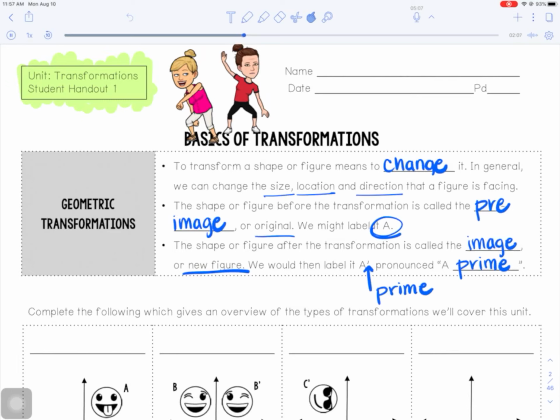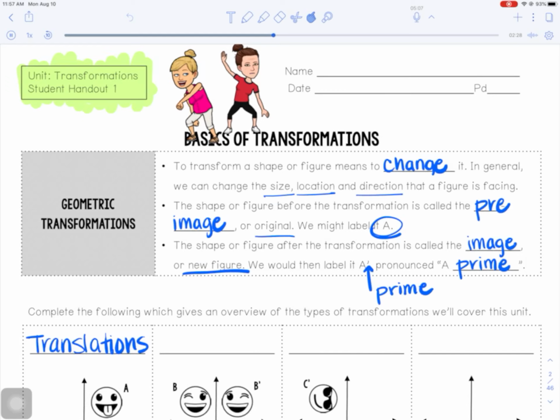Let's look at some visuals. The first one that we are looking at is a translation. Miss Horazo, how would you say that in easy words? I think that means to slide. To slide.